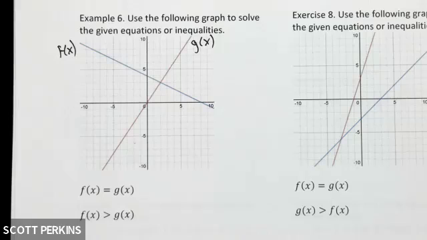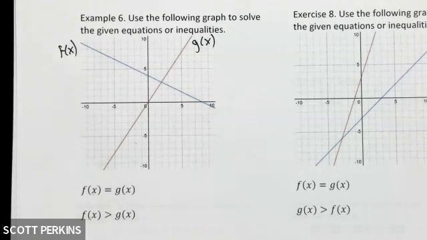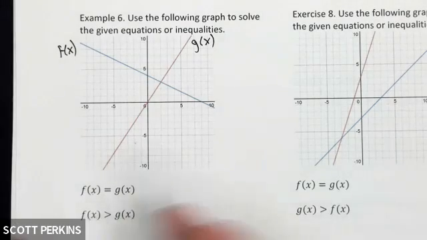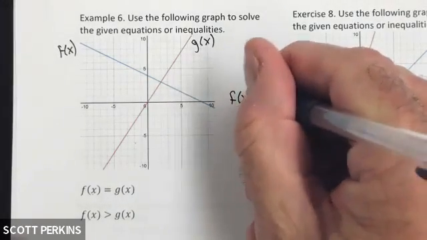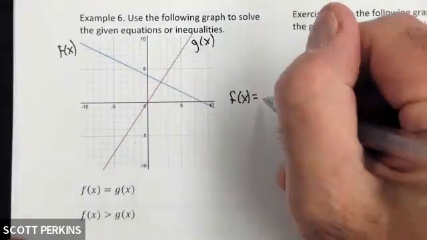So we're asked to do two things on this example. The first thing down here at the bottom is I want to know where is f of x equal to g of x. Now, before we do this problem, I just want you to remind me of something we said already notationally. F of x means what value? It's the y value. That is our function notation for the y value.